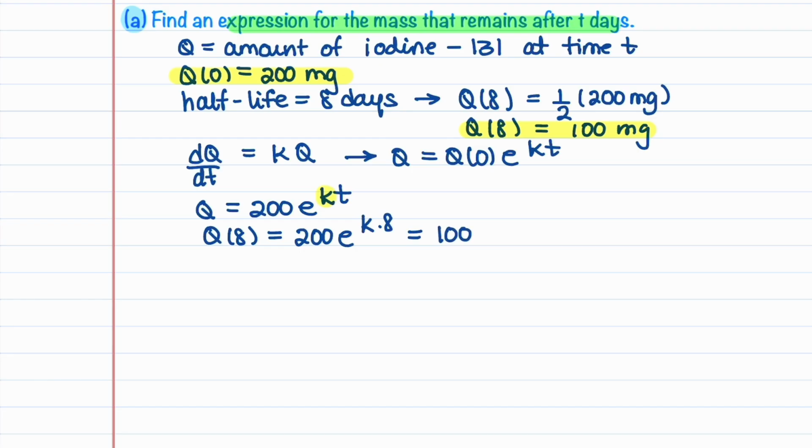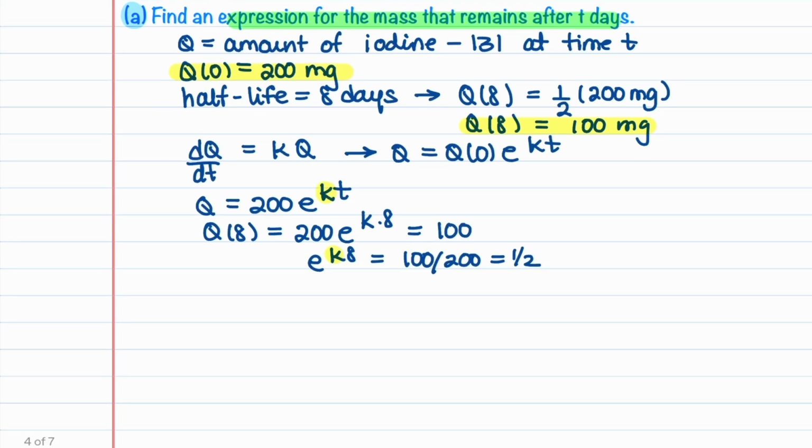Let's divide both sides by 200. So we get e^(k times 8) is equal to 100 over 200, so that's just 1/2. We are solving for k, and to do that, we are going to have to take the natural log of both sides. That'll just get k out of the exponent. So we have ln of e^(8k) is natural log of 1/2.